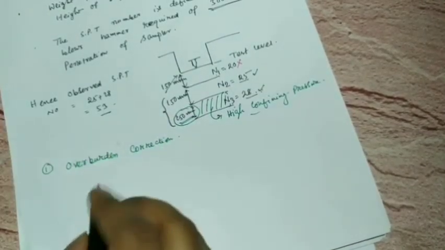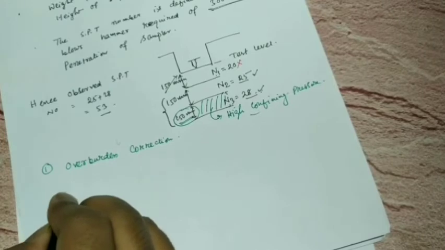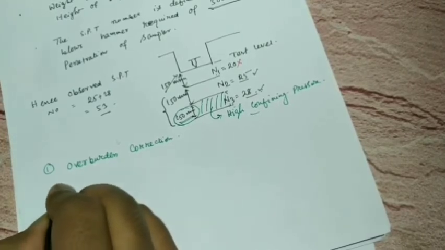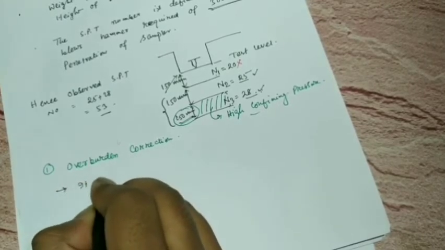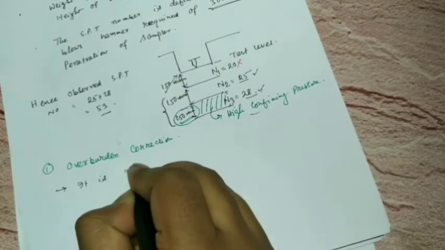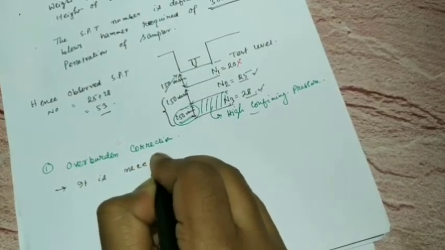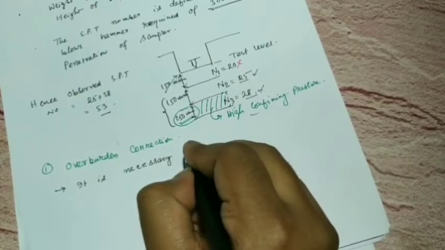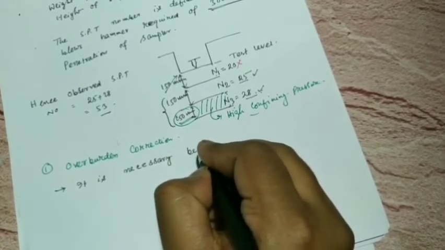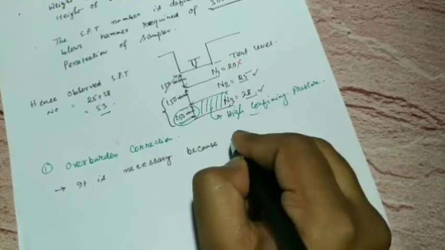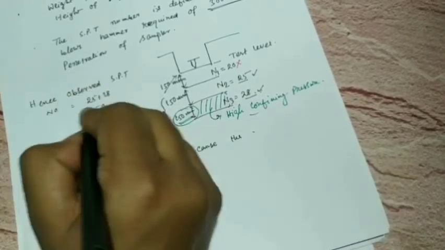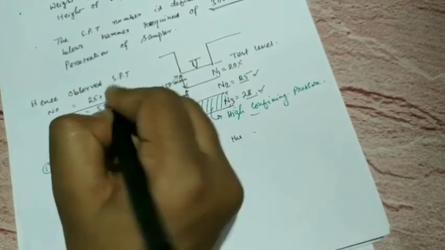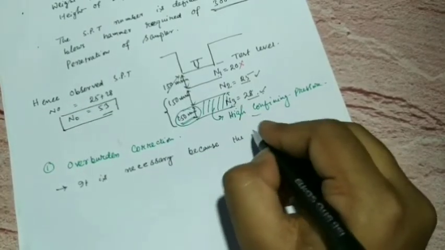So we can write that it is necessary because suppose N naught is the observed value of SPT.